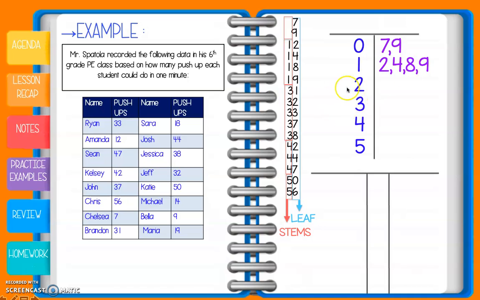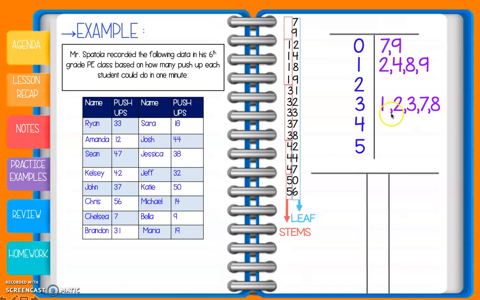Okay, now we don't have a single leaf for stem 2, but we have to leave it there because it represents a part of our data. So I'm going to leave 2 blank because I don't have any leaves that go with it. Now if I look at my 3s, I have 31, 32, 33, 37, and 38. So my leaves are going to be 1, 2, 3, 7, and 8.